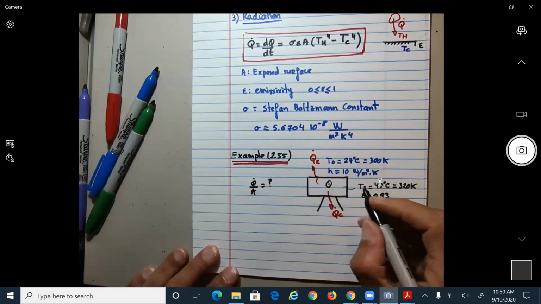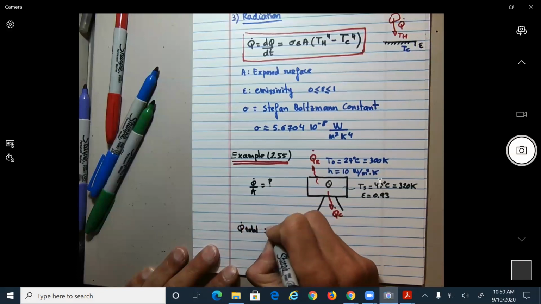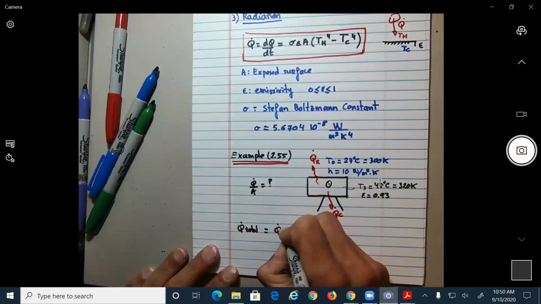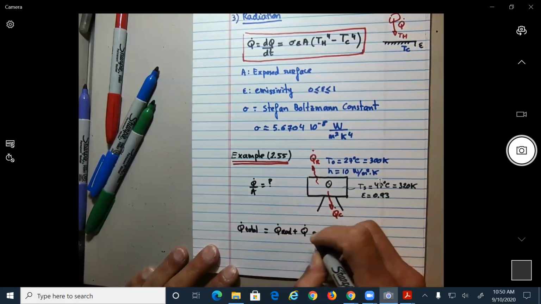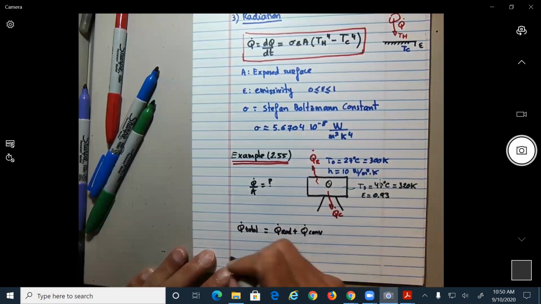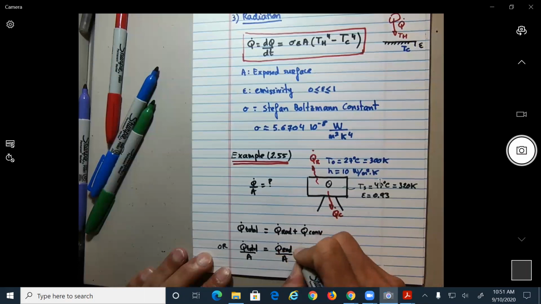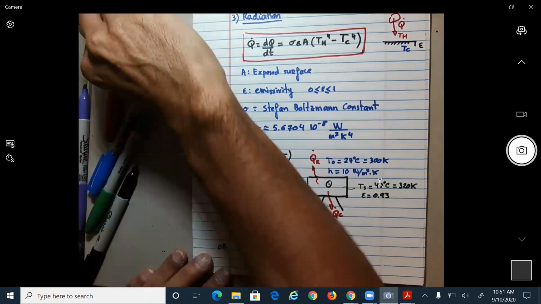So the total Q total will be equal to Q radiation plus Q convection, okay? Since both are exposed to the same area, I could just rewrite this equation as what? Q total per unit area would be equal to Q radiation per unit area plus Q convection per unit area.